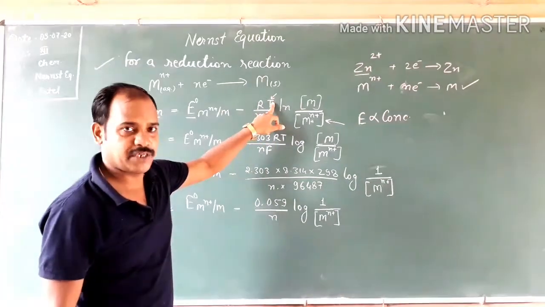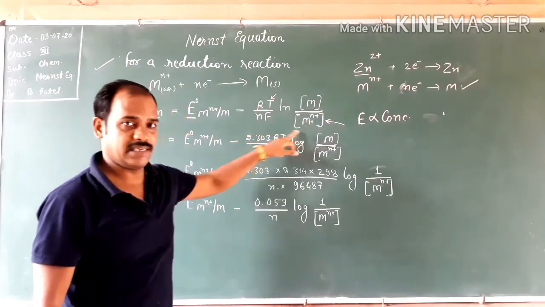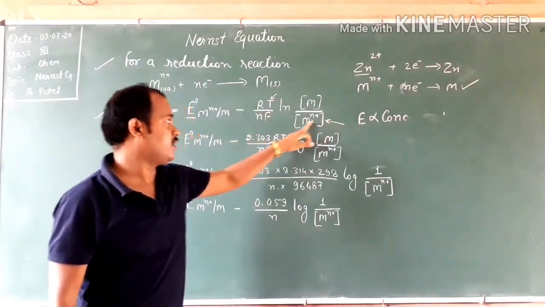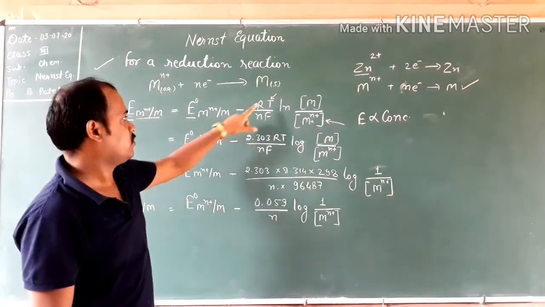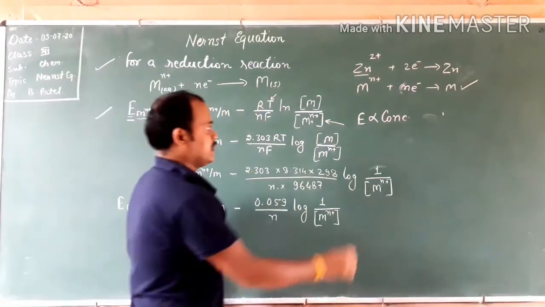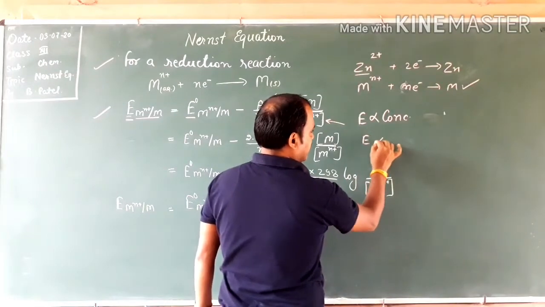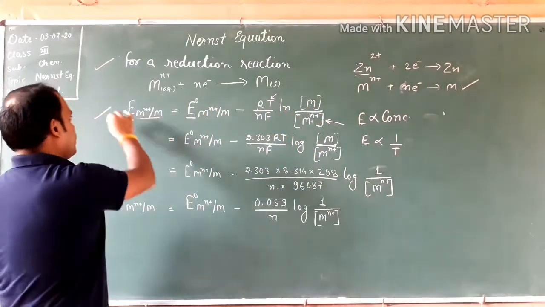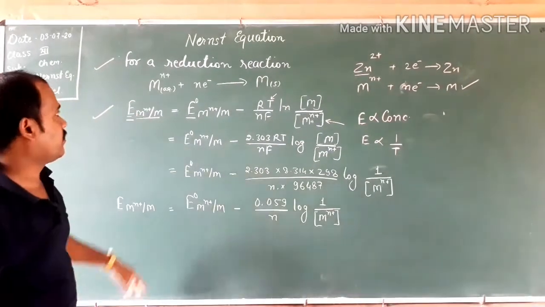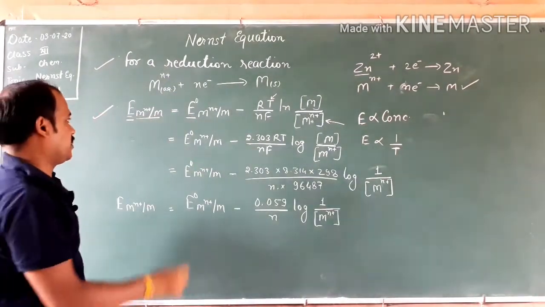If you increase temperature, this total value will increase, and then the electrode potential will decrease. So it's an inverse relation: electrode potential is inversely proportional to temperature. This was the relation given by the Nernst equation.